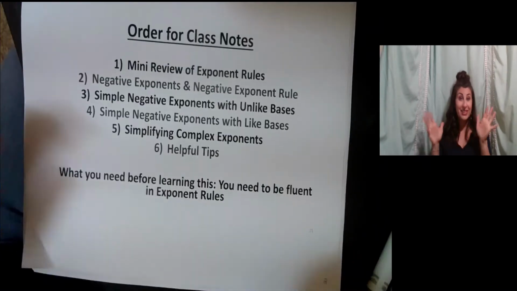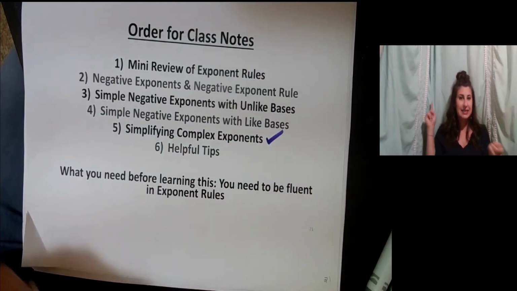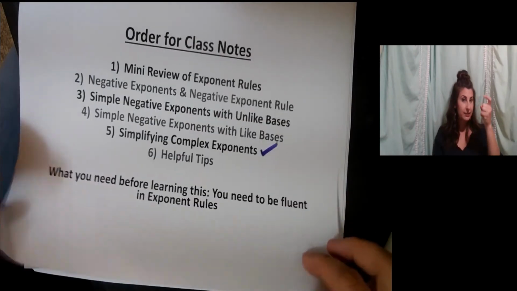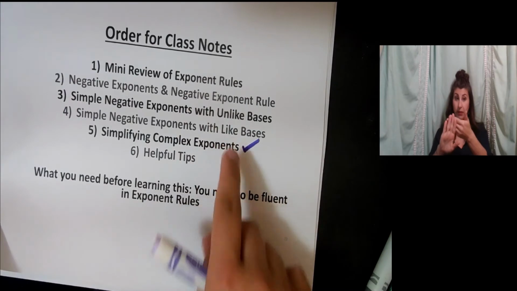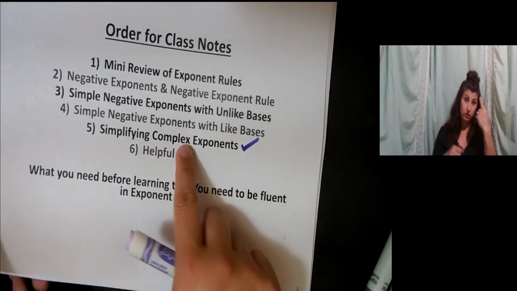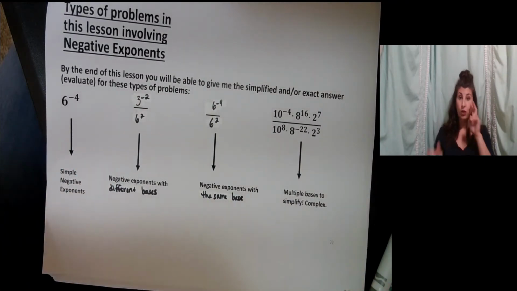All right, we're almost done. So now we are at this point, simplifying complex exponents. You need to be familiar with all of this beforehand to understand this. So we're looking at this slide again.